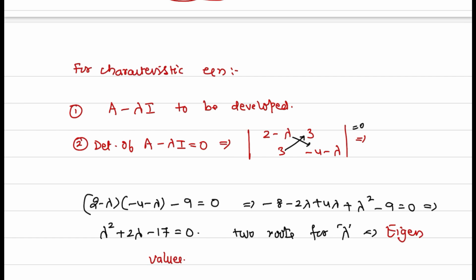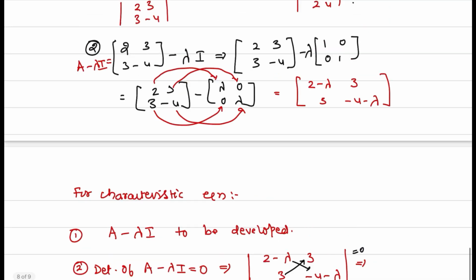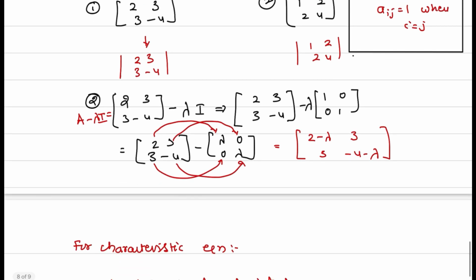Please try to find out what the lambda value is. The lambda value will come to how much? Three minus 4.